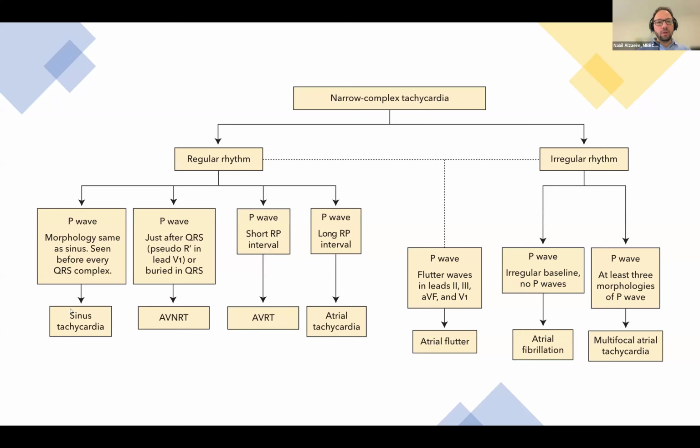When you see the P wave with a long RP interval, this is the atrial tachycardia we talked about in the previous slide. Now, for the irregular rhythm, when we see at least 3 morphologies of the P wave, this is multifocal atrial tachycardia. An irregular baseline with no P wave is AFib. And when we see the flutter wave in the inferior leads, this is atrial flutter.